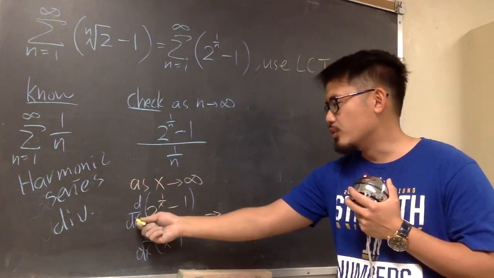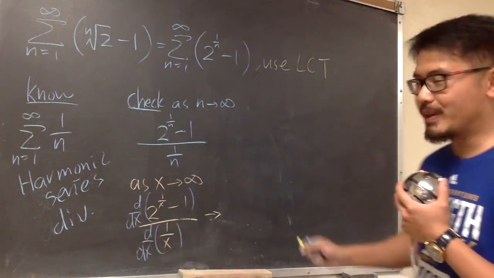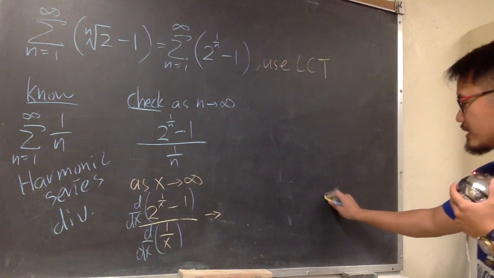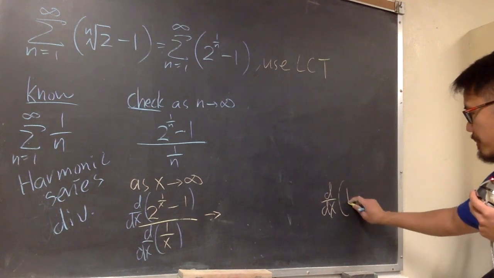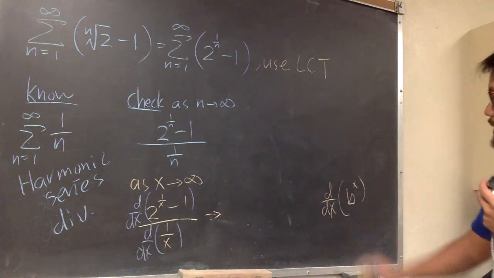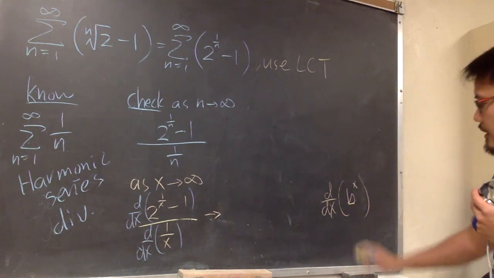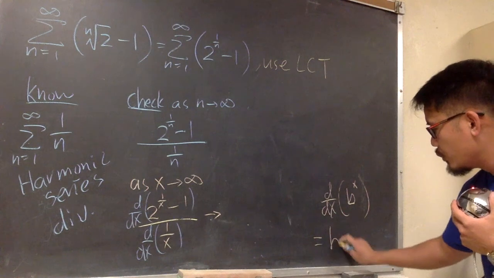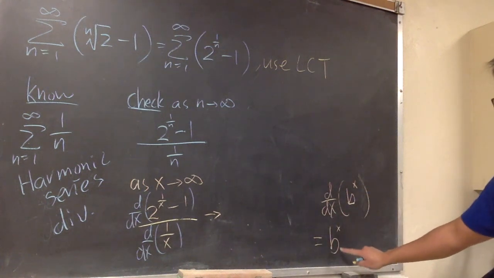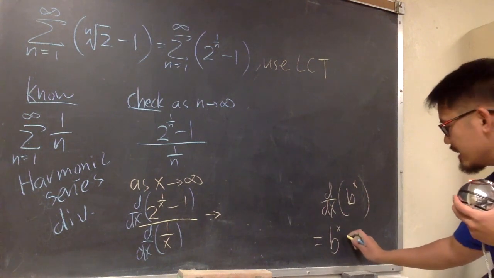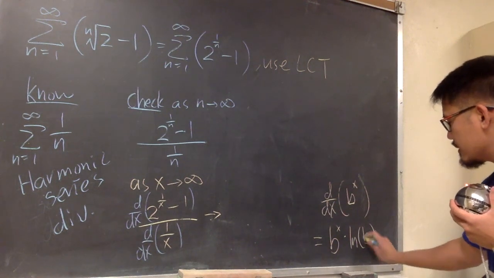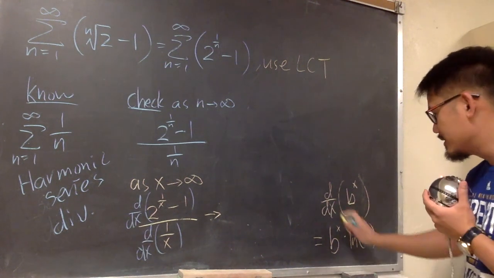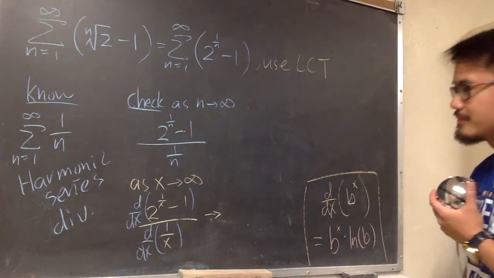How can we take the derivative of 2 to something? I'll write this down right here for you guys. So recall that the derivative of, let's say you have a base b to the x power, is the same as we maintain the exponential form, which is b to the x, but then we multiply by ln of whichever this value is, ln b. So this is the derivative formula that we are going to use.